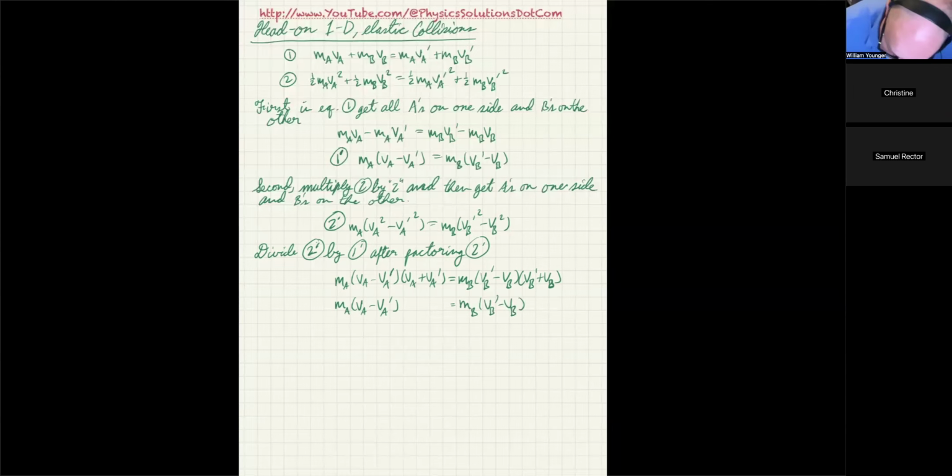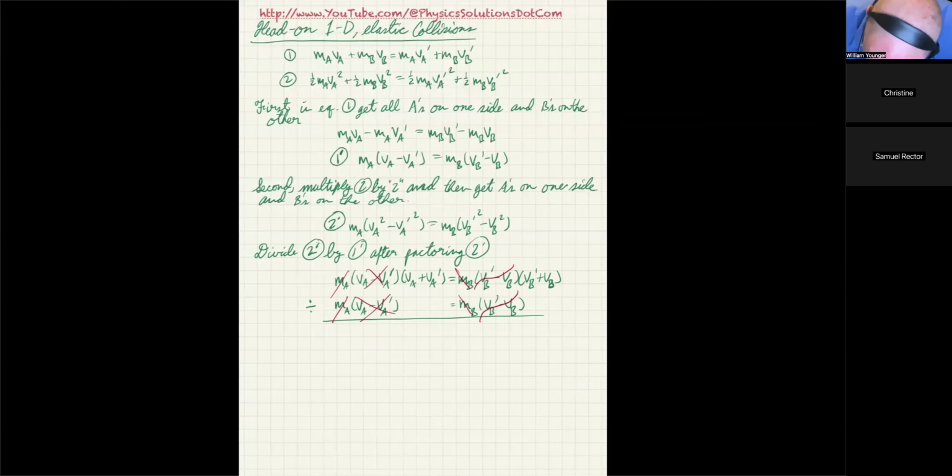So you can see that when I divide these two, this MA cancels out with this MA. This MB cancels out with this MB. This VA minus VA prime cancels out with this one. And this one cancels out with this one.